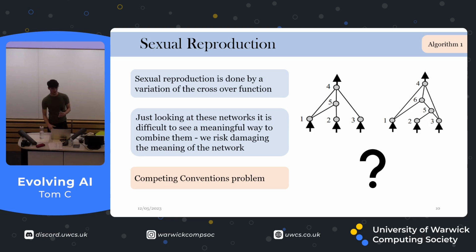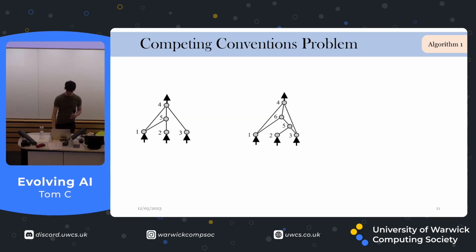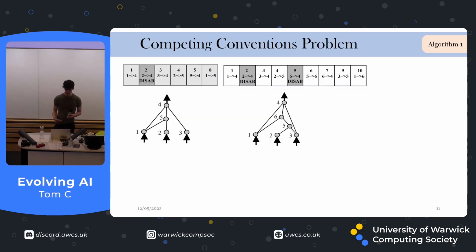This is called the competing conventions problem because both networks can represent similar desired outcomes, but with very different structures. The way that NEAT deals with this issue is to represent these networks, instead of in a traditional way, with lists of genes. So here we can see the connection genes for these networks. You can see innovation numbers on the top.